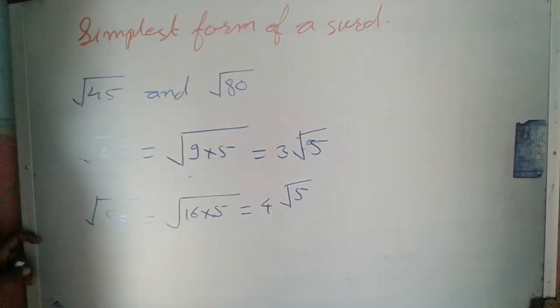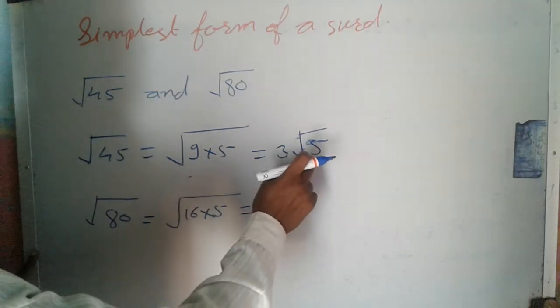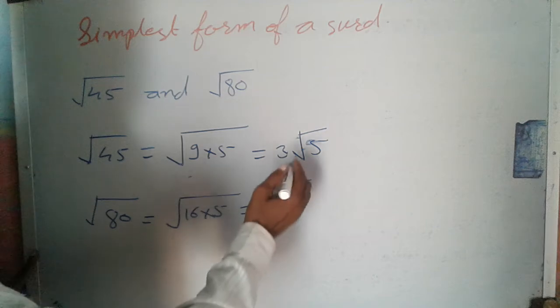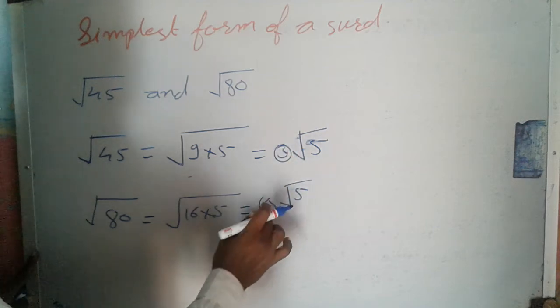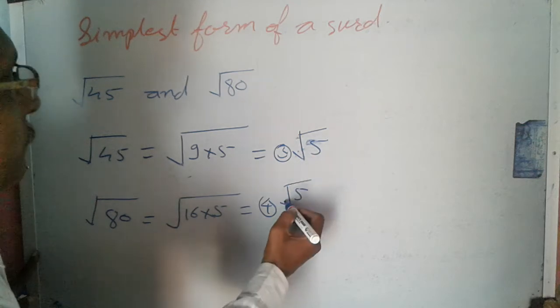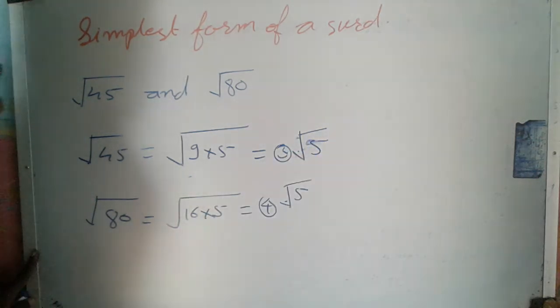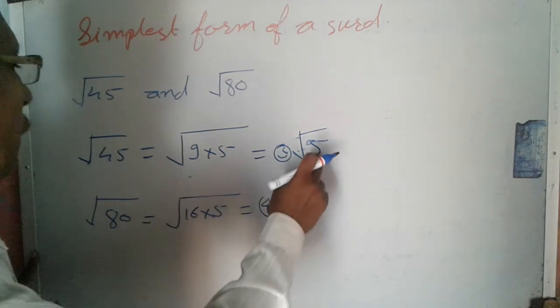Now here in both the surds, order is 2, order is 2. This is not the order, these are coefficients. Order is written here. Here order is 2. If there is no number, it is 2. And radicands are equal now.